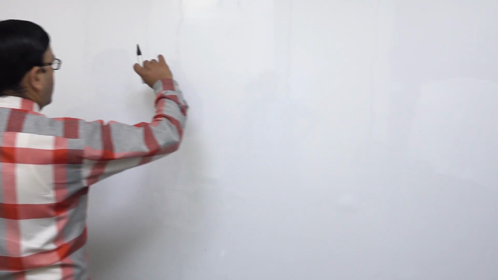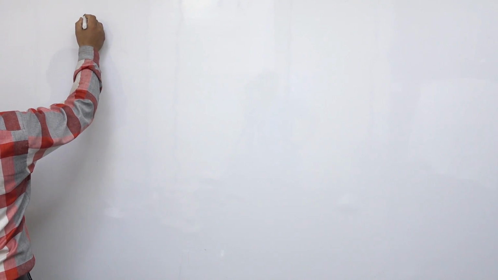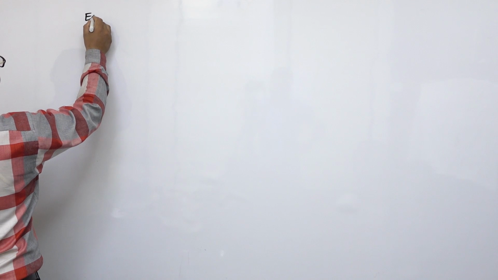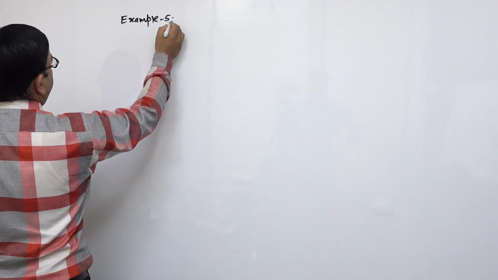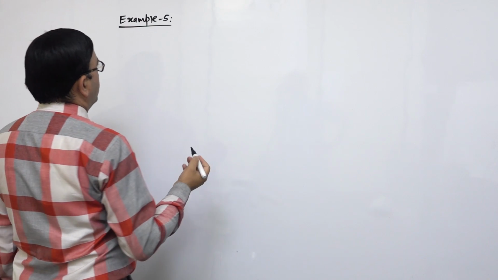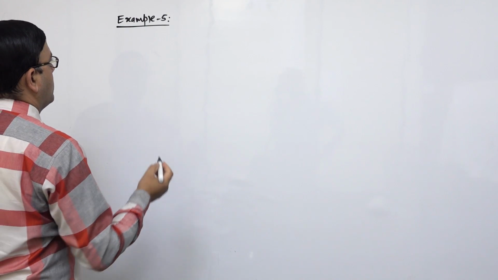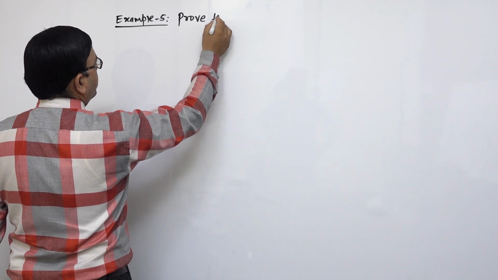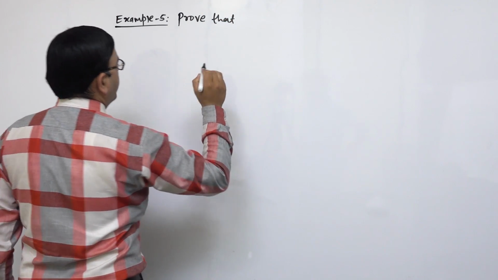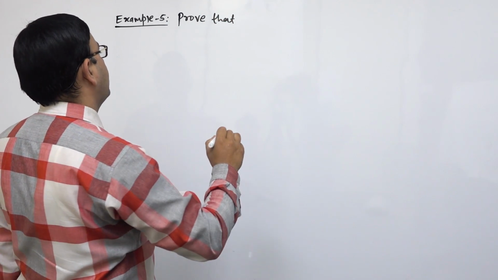Now we are going to start another example. That one is example 5. In example 5, prove that we are going to do another type of question.